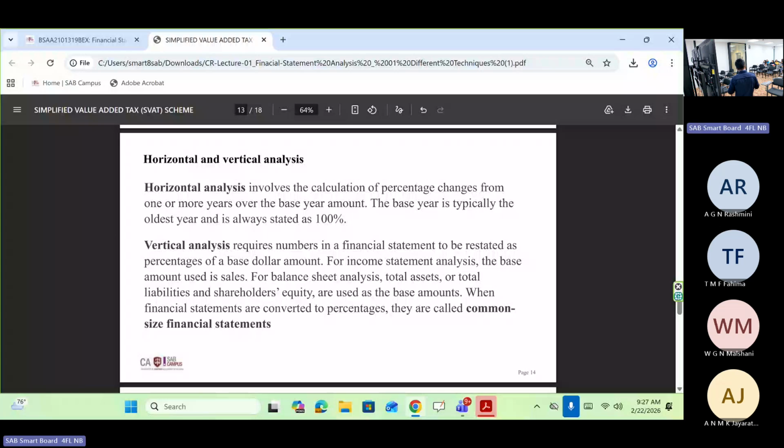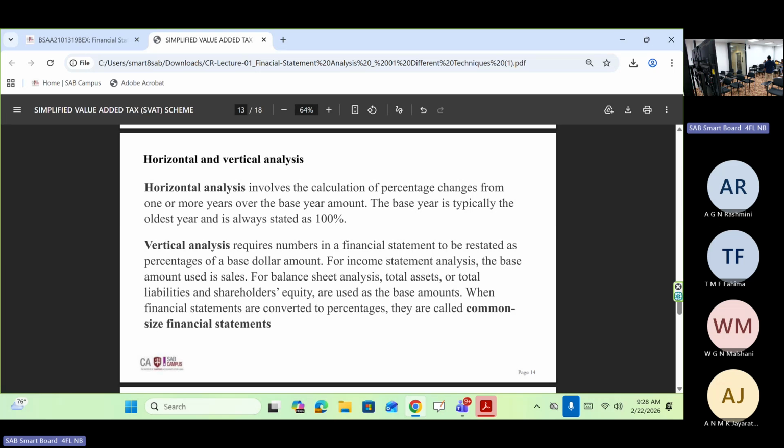If you are comparing the common size financial statement of a company with another company or consecutive years, definitely it is a horizontal analysis. Calculating the current ratio is a vertical analysis, right?